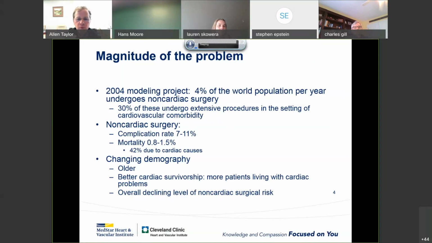We're both more prevalent in the risk of the population undergoing surgery, yet overall surgery is viewed to be becoming safer and safer all the time. And so some of the approaches we developed in the 1990s, such as the RCRI, or the Revised Cardiac Risk Index, I think are called into question today.